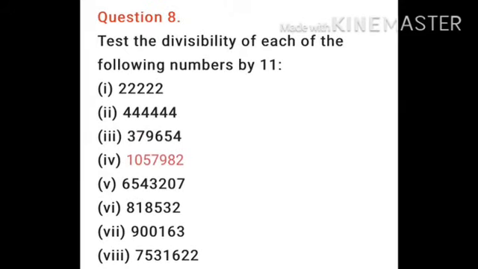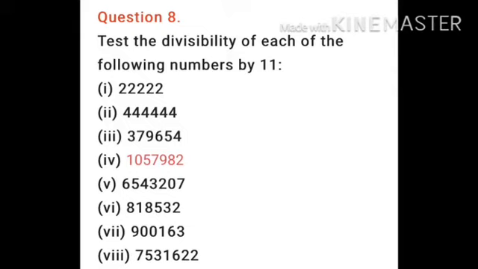Now the next question, test the divisibility of each of the following numbers by 11. Now I will explain the third part, 379654. Sum of the digits at odd places, 7 plus 6 plus 4, which is equal to 17.